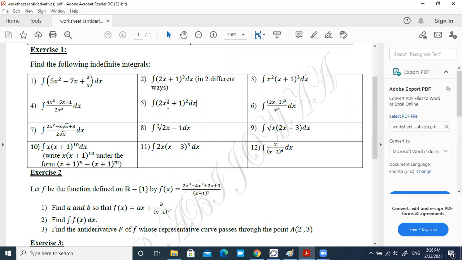Because in the second way I can't apply (ax + b) to the power n, and it is not under the form of (ax + b) to the power n. It's not linear, so you have to expand.